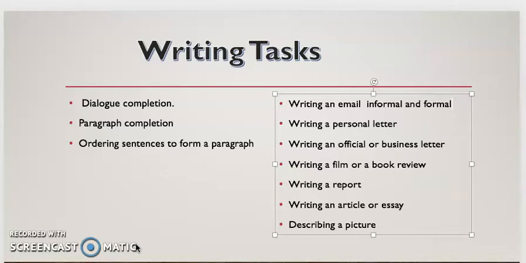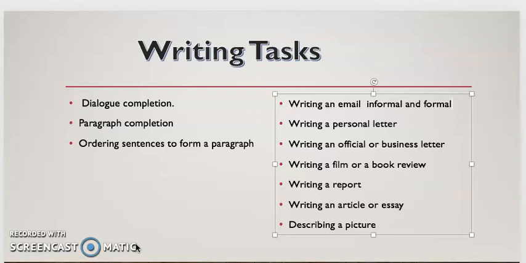And it's not a difficult task since you are given the first sentence, so you're just going to add a few sentences using linking words, of course, like first, next, after that, and so on, or in addition to this, moreover.